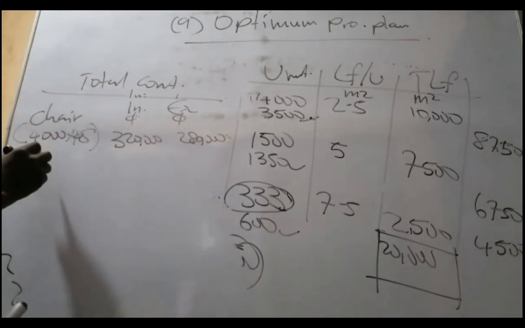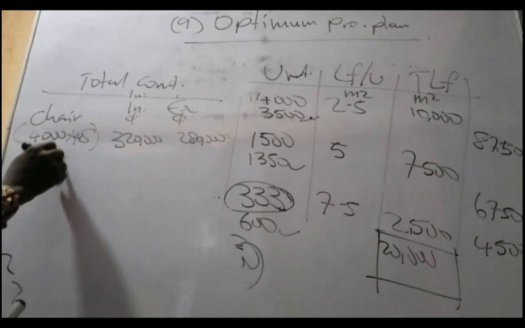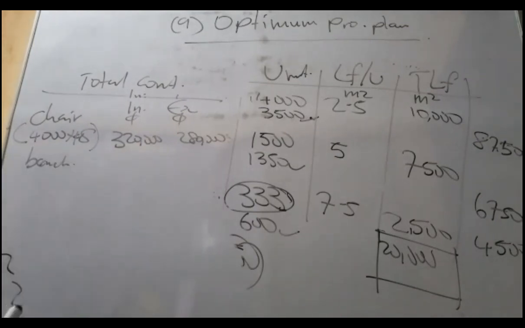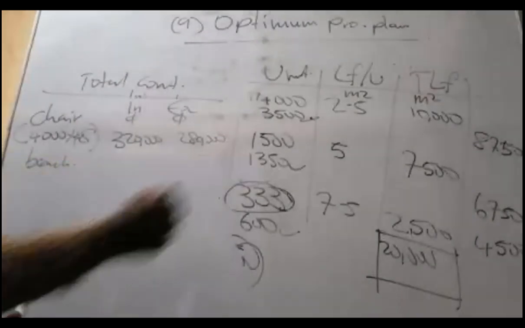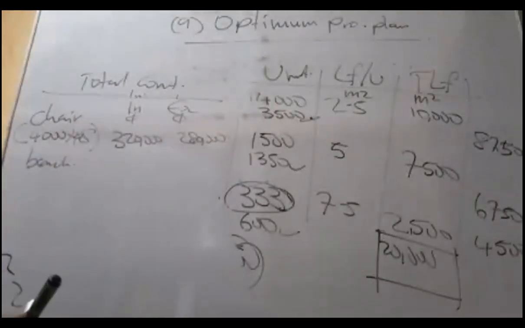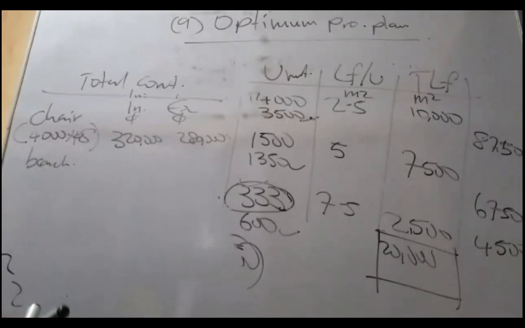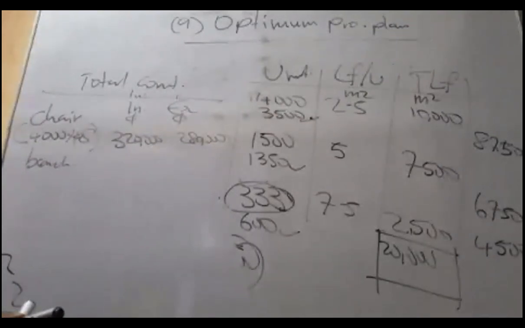Now, the next one will be bench. For the inclusive, you are going to use the 333. So bench will be 333 times the contribution per unit, 17.5, right?